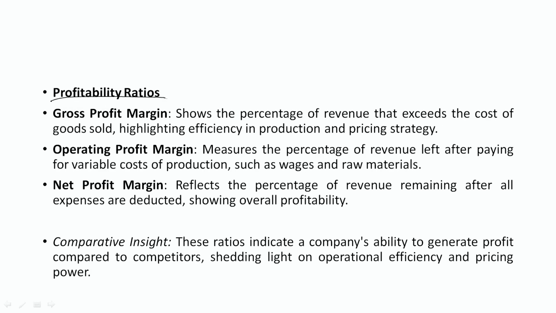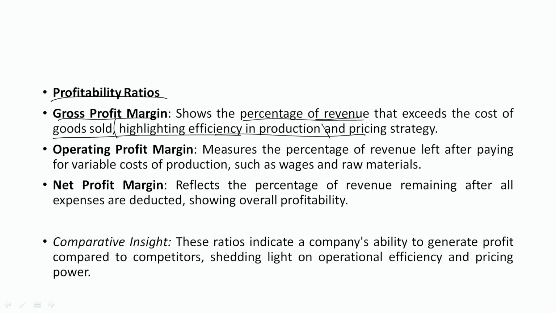The next set of ratios is profitability ratios, which is part of your income statement. You have the gross profit margin ratio, which I have already discussed in the fundamental analysis. This talks about the percentage of revenue over and above the cost of goods sold, and it talks about the efficiency of production.